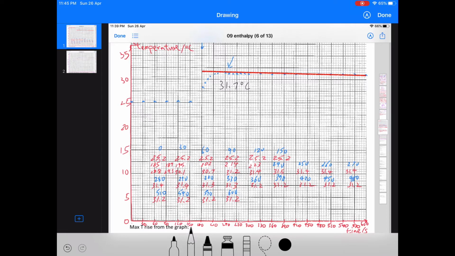Because the initial reading is a constant value, we just extrapolate it to 180 seconds similarly, and get the value 25.2 degrees Celsius. The temperature change is the difference between these two values, and this should be 6.5 degrees Celsius.